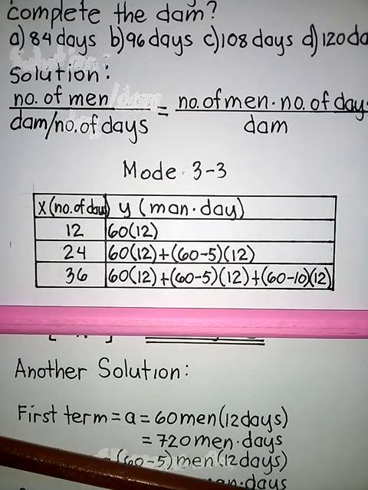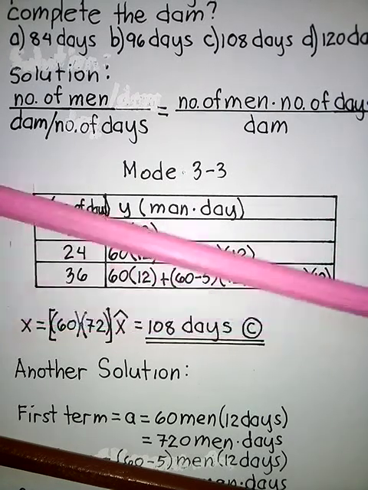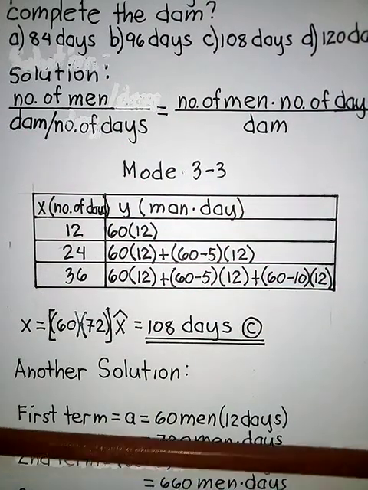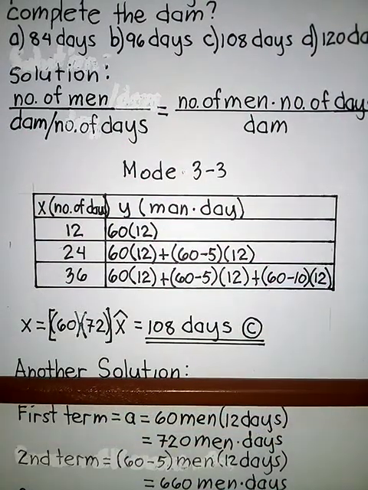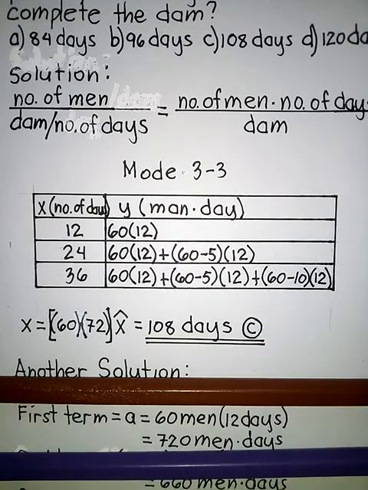After inputting that in our calculator, we type 60 times 72 is equal to, and then press the equal sign. We will get 108 days, which is letter C.